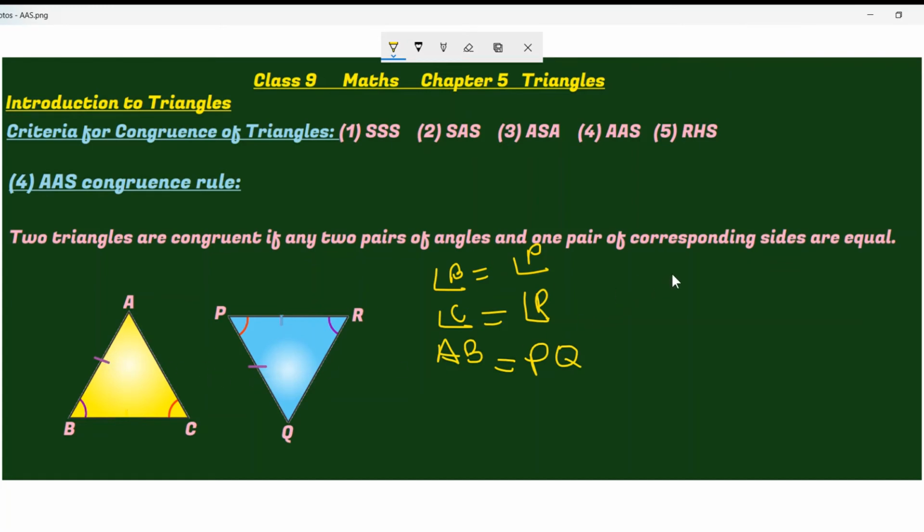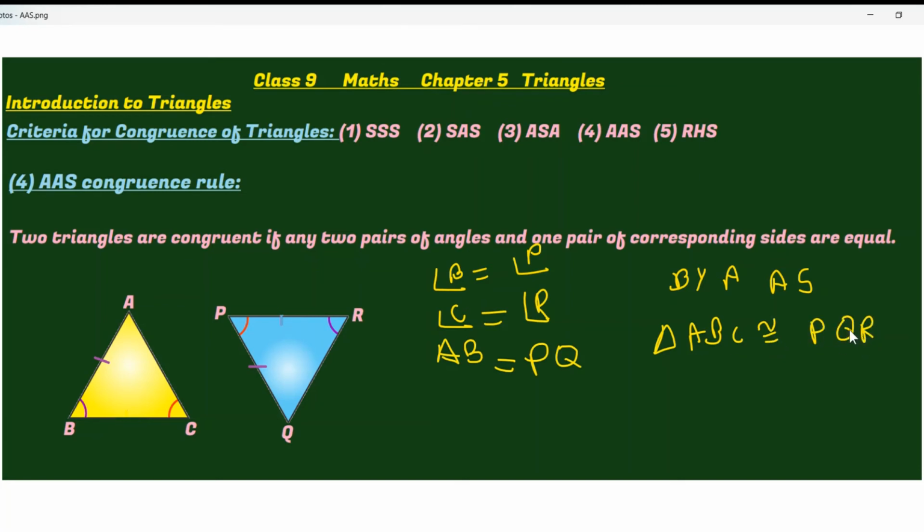Then we can say by AAS rule, these two triangles are congruent to each other. Got it?